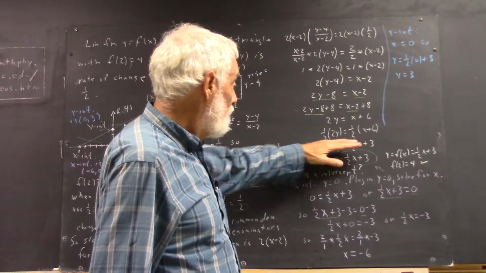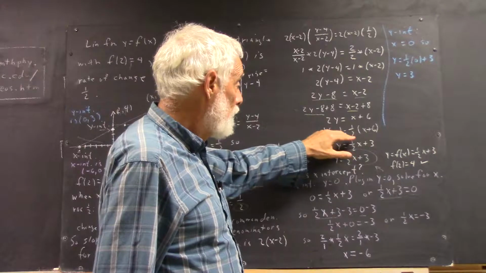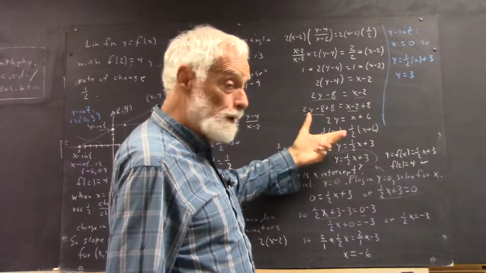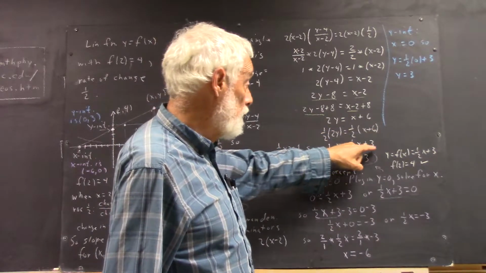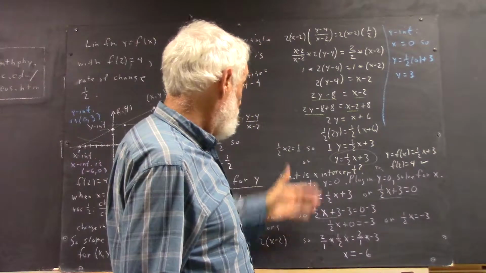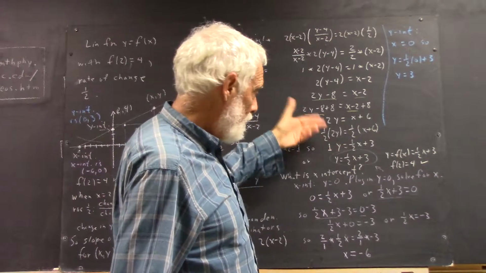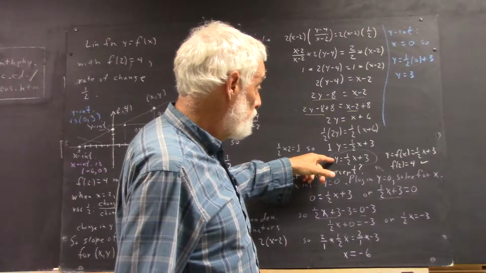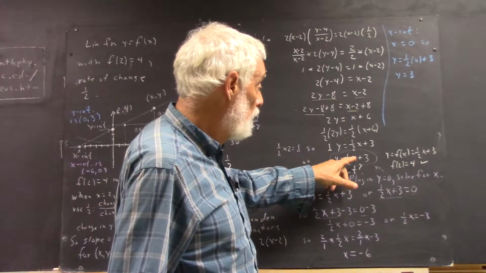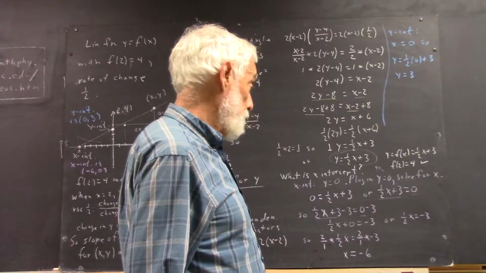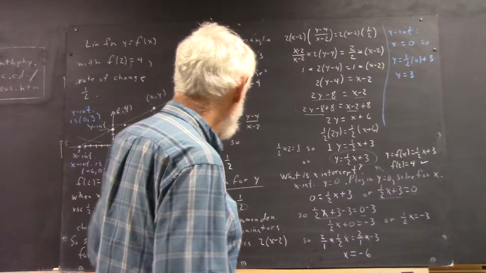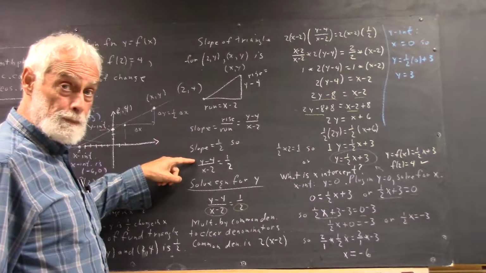So I get this. Okay, 1/2 times the quantity x plus 6, distributive law tells me that's 1/2 x plus 3. And over here, of course, as we saw, it's 1 times y, which is just y. So y ends up being 1/2 x plus 3. And now we've solved this equation for y.